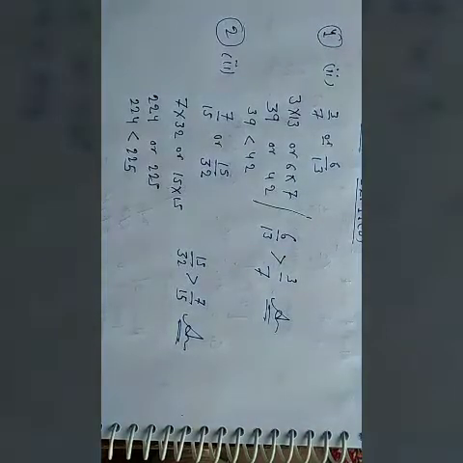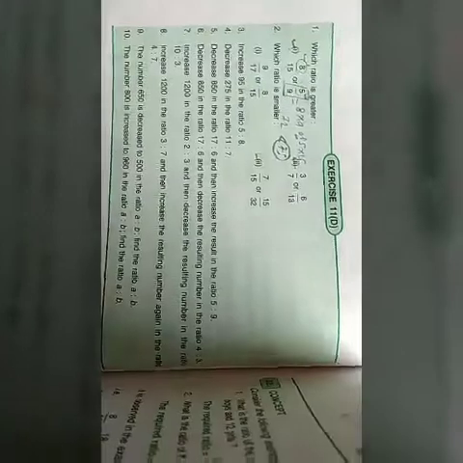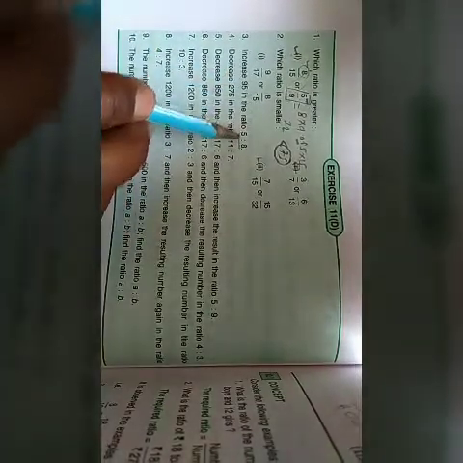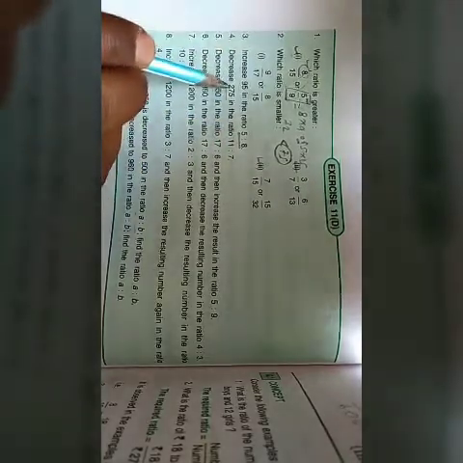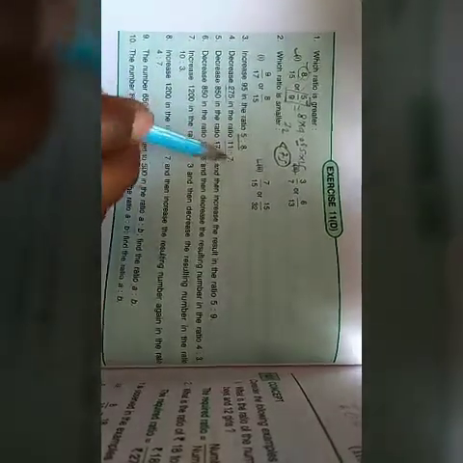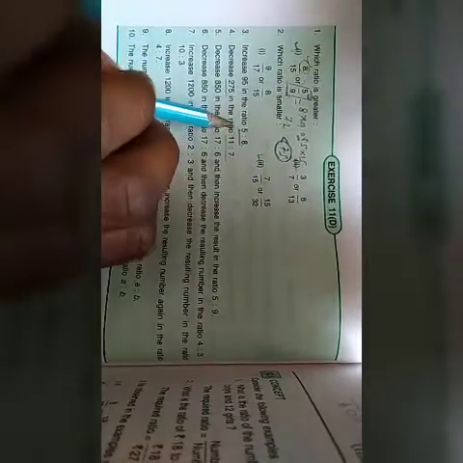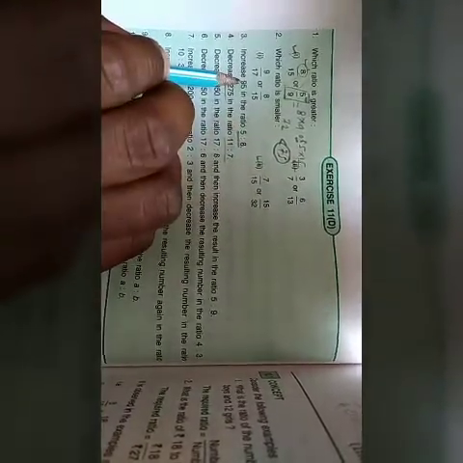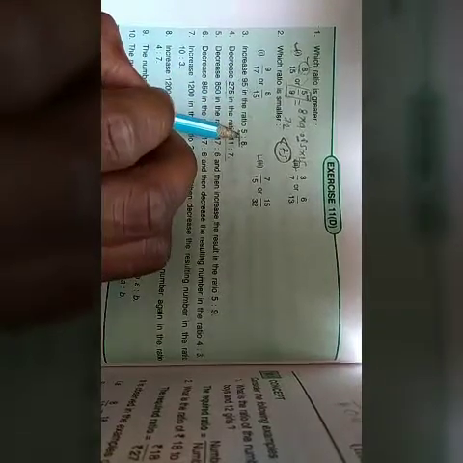Question number 3. Increase 95 in the ratio 5 upon 8. Means 95 we have to increase in the ratio 5 upon 8. Decrease 275 in the ratio 7 upon 11. In such type of question, if we have to increase the given value, we have to form the greater ratio.